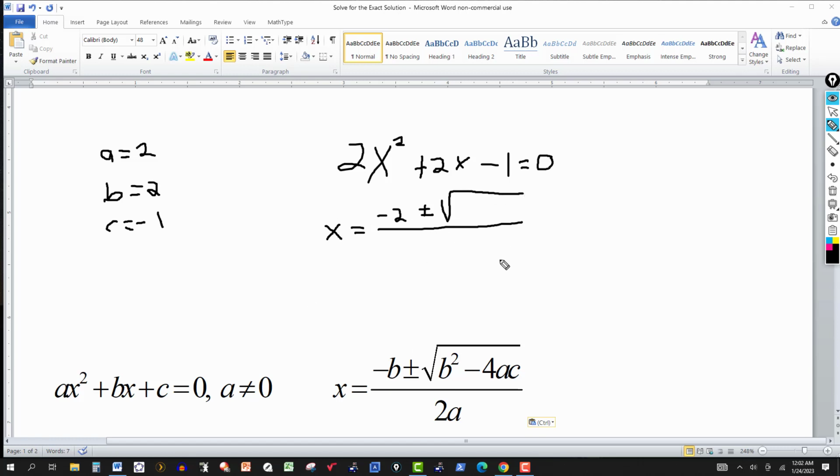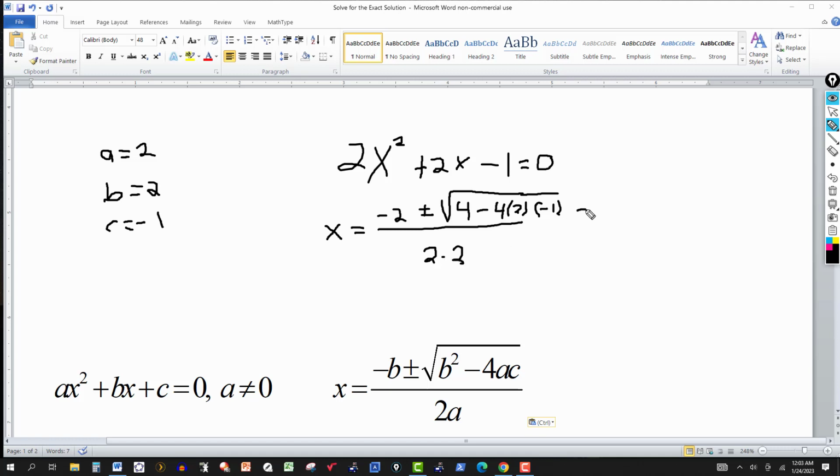Under the radical we have b squared, b is 2, so 2 squared would be 4 here, minus 4 times a, a is 2, put it here in parentheses, and then c is -1. And that's over 2 times a, and a is 2. So I get this.